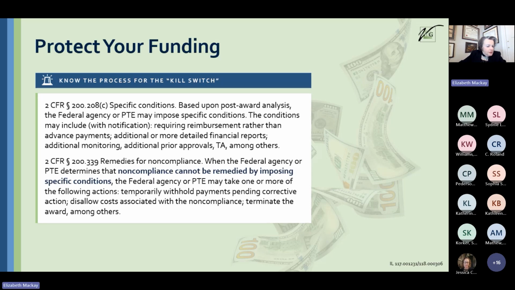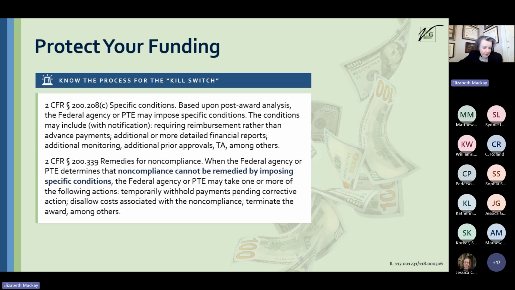And if these specific conditions are not successful, right, when the federal agency or the pass-through entity determines that non-compliance cannot be remedied by imposing specific conditions. So there's a sequence here, right? First, there are specific conditions. In other words, you have a chance to remedy the problem.